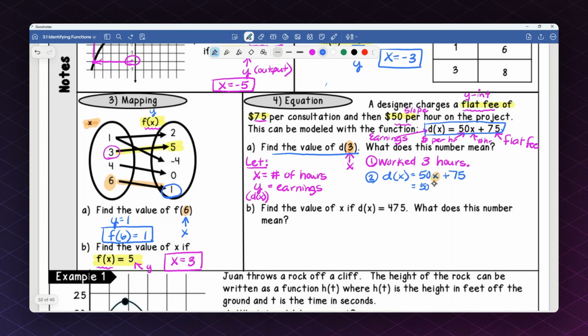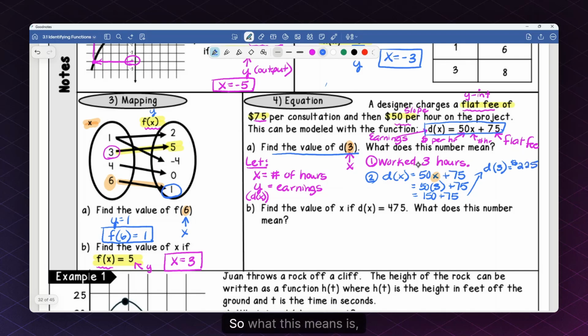So let's figure out what that is. 50 times 3 plus 75. 50 times 3 is 150, plus 75. So my D, when it's 3, we're earning $225.